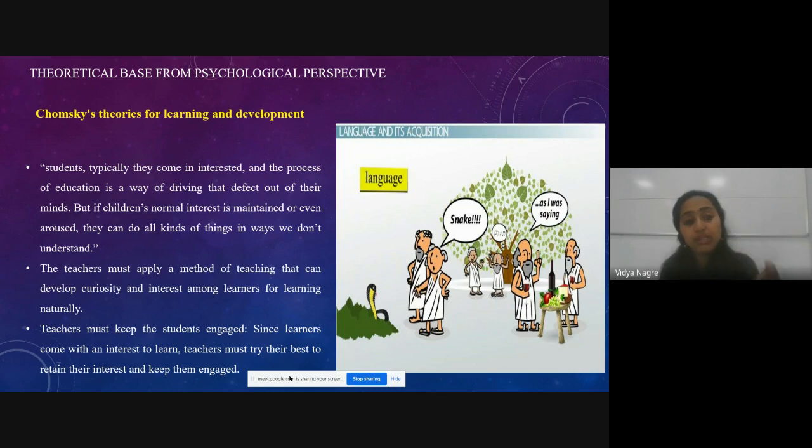Though it is developed for language, you can develop it for your respective subjects, and you can create such a natural environment through which a child can start acquiring the knowledge related to that particular field. When you create such an environment, curiosity is always created and it also generates interest among the children, and the learning happens naturally.